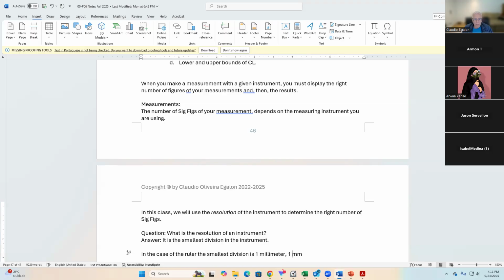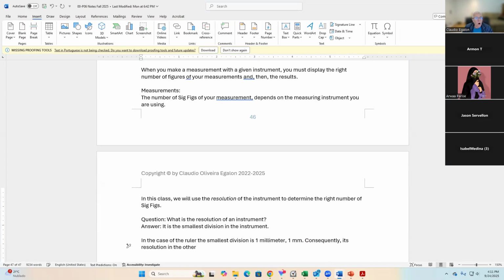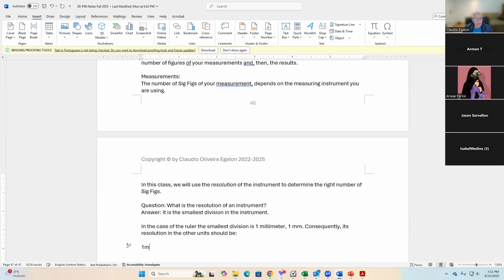Consequently, its resolution in the other units should be, here you go, 1 millimeter is equal to 0.1 centimeters, which, by the way, is equal to 0.001 meters, okay?